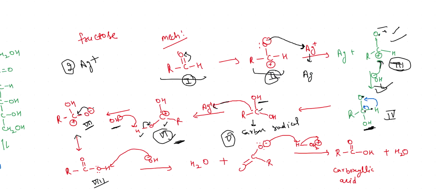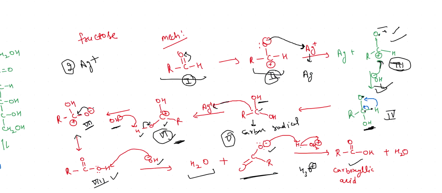Now, the third hydroxide ion is reacting. It is forming carboxylate ion with the formation of a water molecule. Again, this carboxylate ion carrying O negative charge can abstract a proton from a water molecule, H3O positive. Upon abstraction of the proton, it forms again carboxylic acid and again one molecule of water.